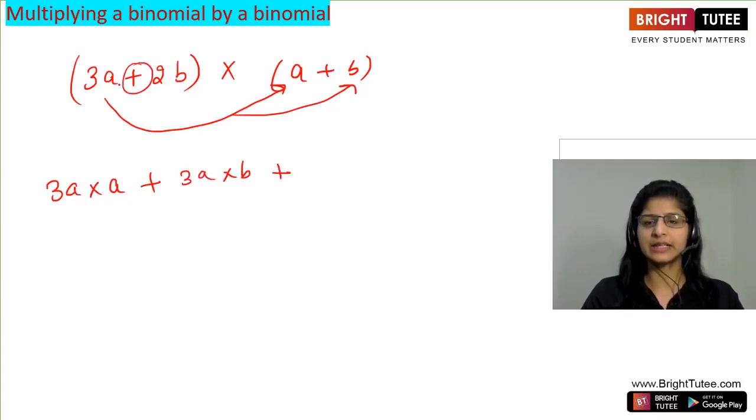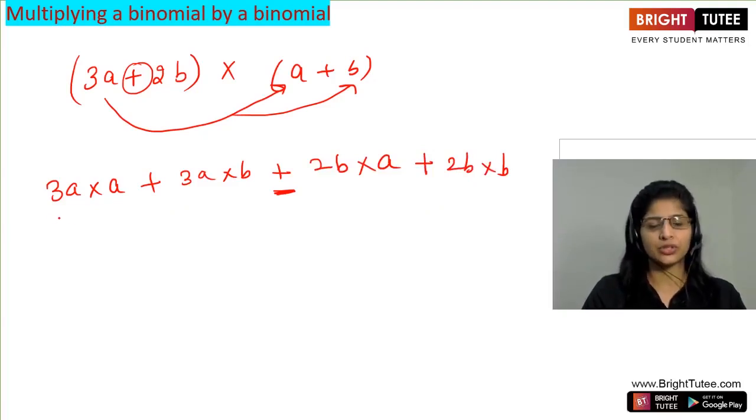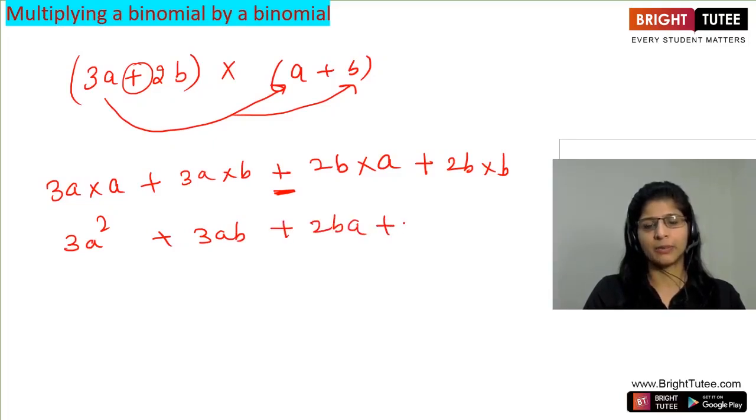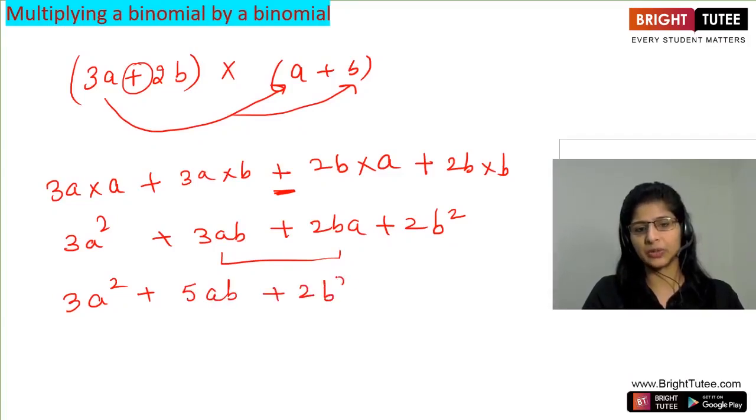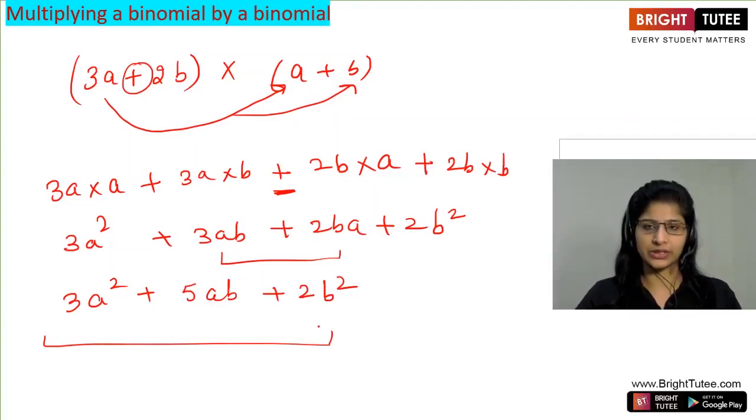The sign here is plus. Then 2b will be multiplied with a, plus 2b multiplied with b. So 3a square plus 3ab plus 2ba plus 2b square. As I told, like terms will get added. We get 3a square plus 3ab plus 2ab is 5ab, plus 2b square. So this would be the answer.